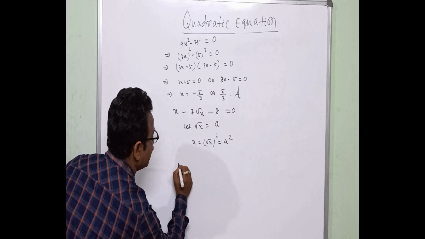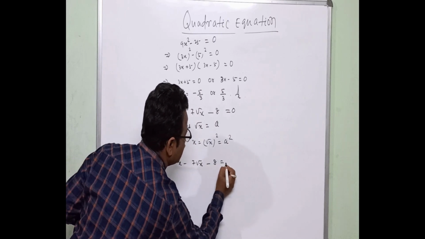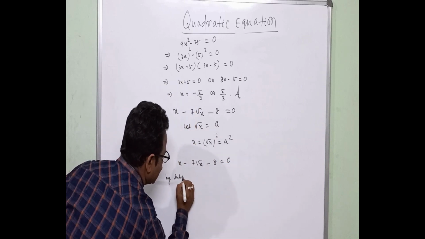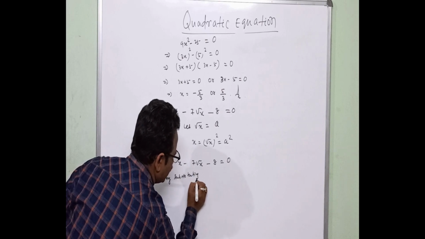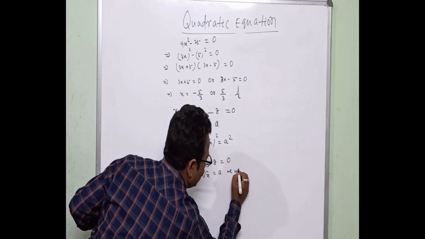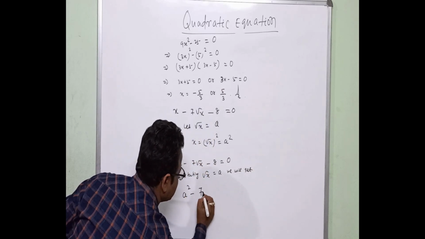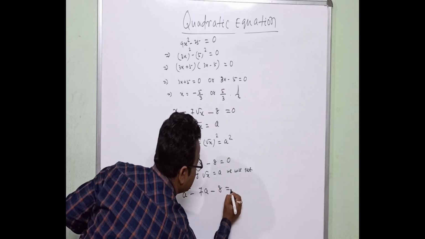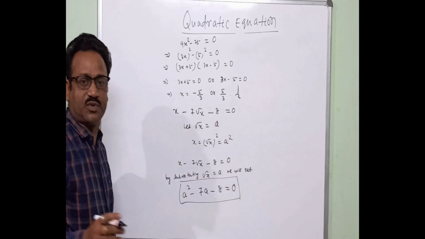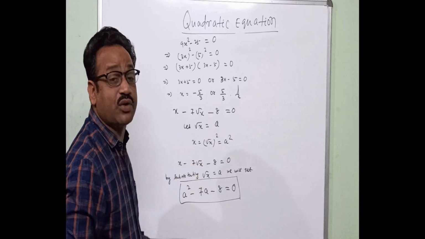So now we get x minus 7 root x minus 8 is equal to 0; by substituting root x is equal to a, we get a square minus 7a minus 8 is equal to 0, which is in the form of ax square plus bx plus c. Now by means of factorization we will find the roots of the equation.